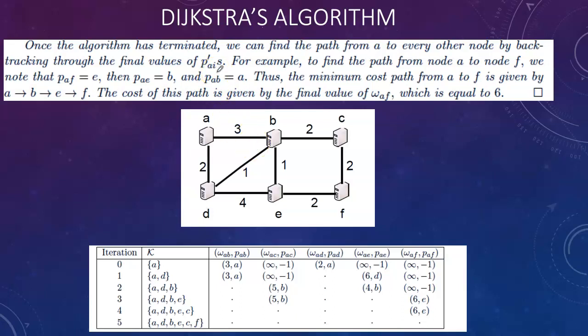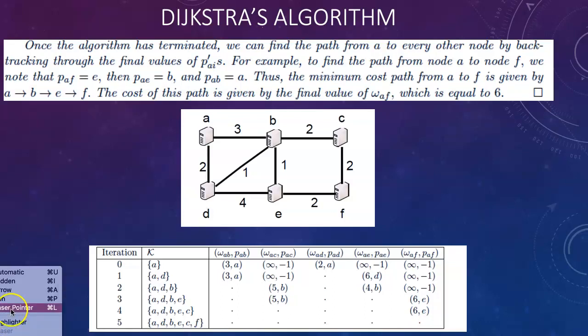For example, to find the path from node A to node F, we note that PAF is E, PAE is B, PAB is A. Thus, the minimum cost path from A to F is given by A to B to E to F. So the cost of this path is given by the final value of WAF, which is equal to 6 in the table.